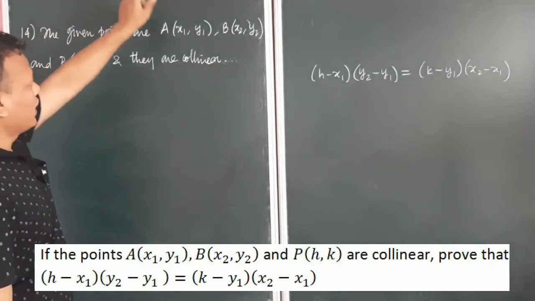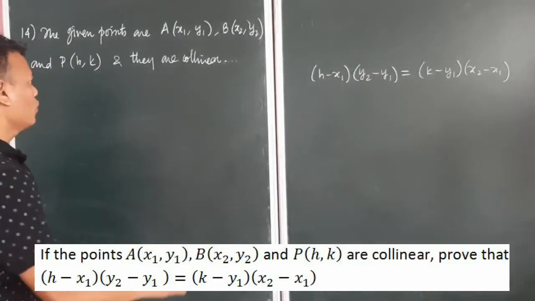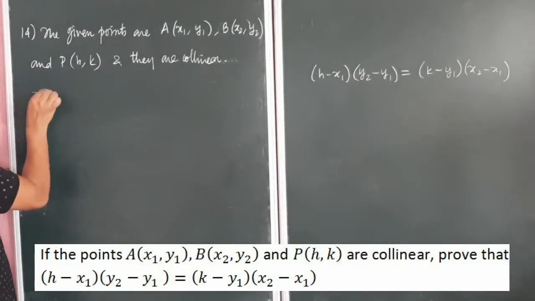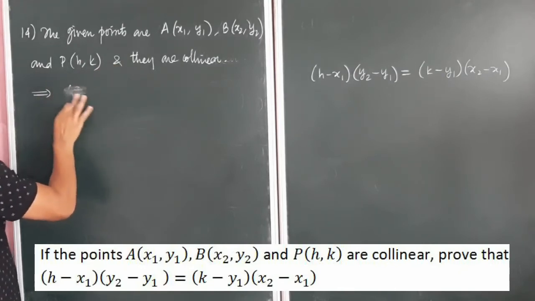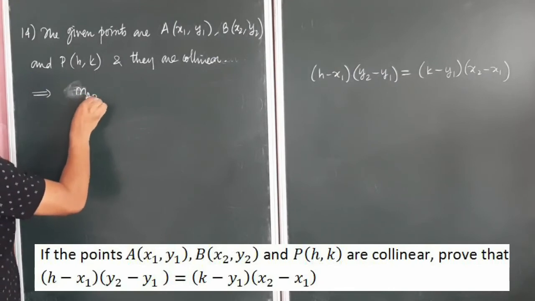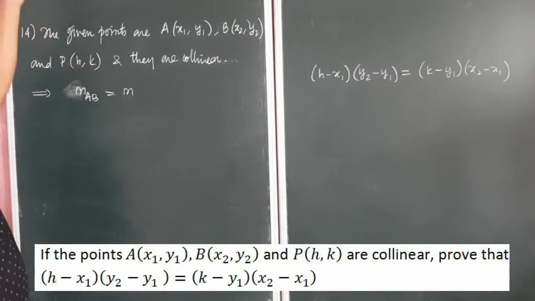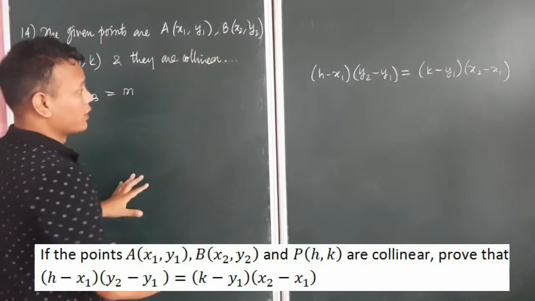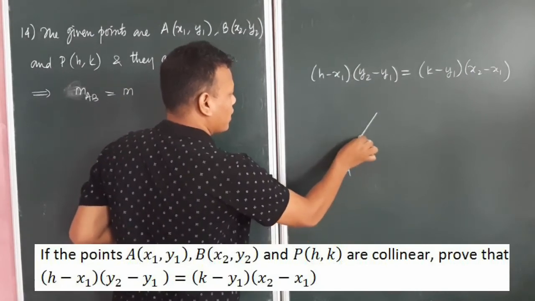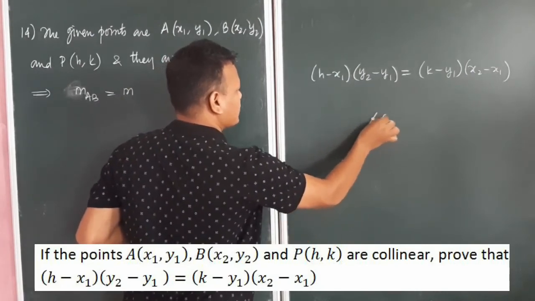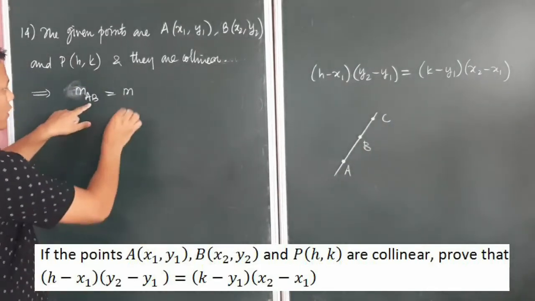So as we know that A, B and P are collinear, this means that the slope of AB must be equal to the slope of BC, right? Isn't it? So see here carefully. So we have A, B and C. Okay, so be careful out here. So you can write here BC.